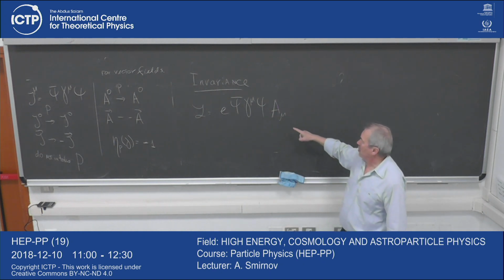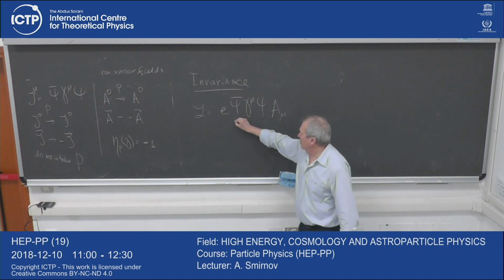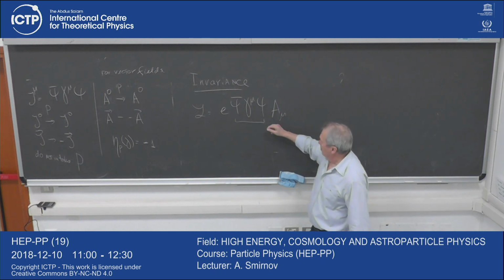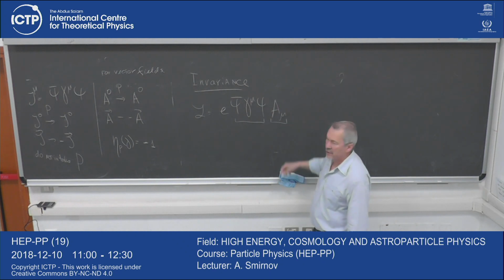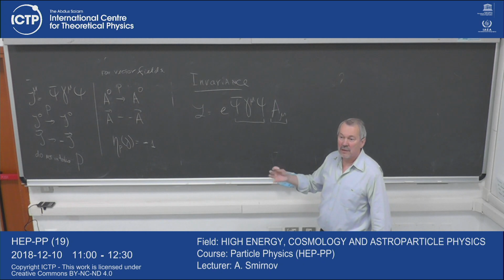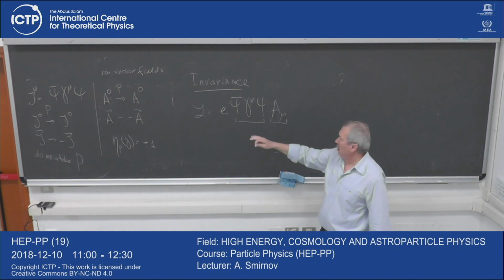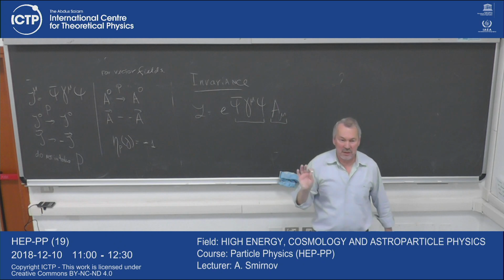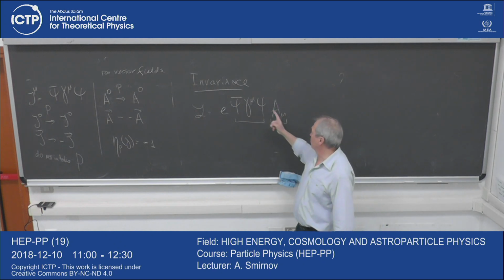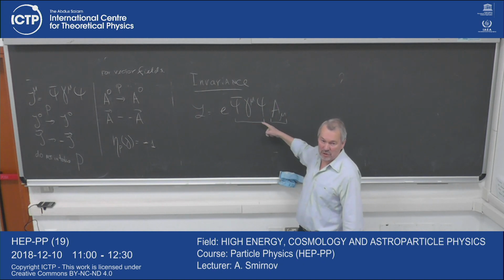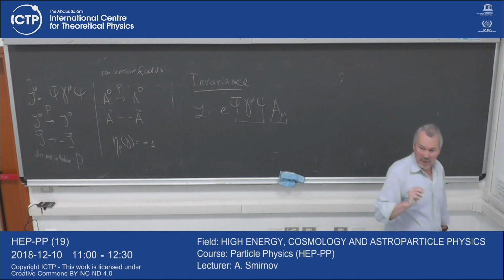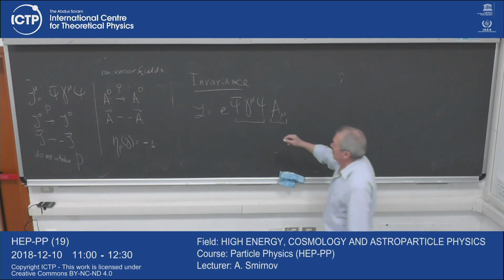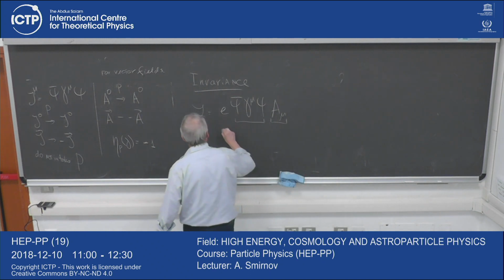What happens is that the current, which has 4 components, and the electromagnetic field, which is a 4-component vector, transform in the same way. Therefore this product doesn't change sign. The 0 components do not change, and the vectorial components, both of the current and of the electromagnetic field, both change sign. So quantum electrodynamics is invariant.